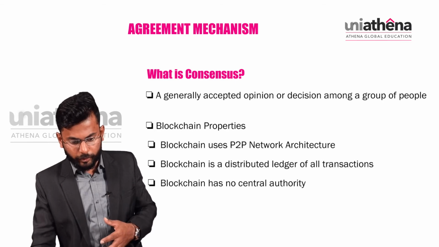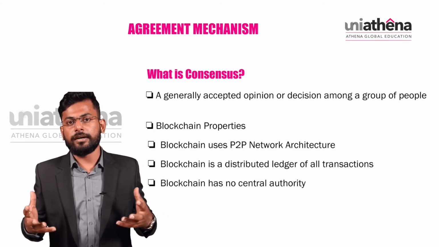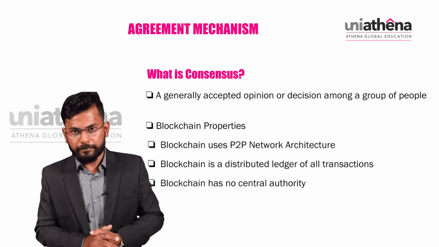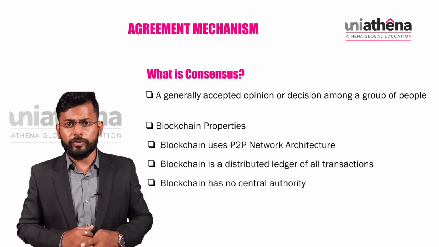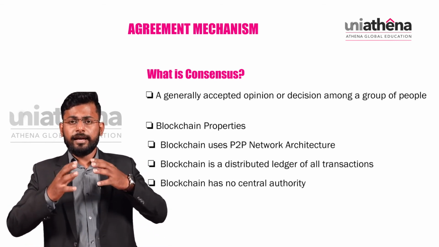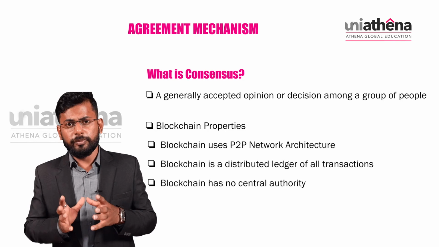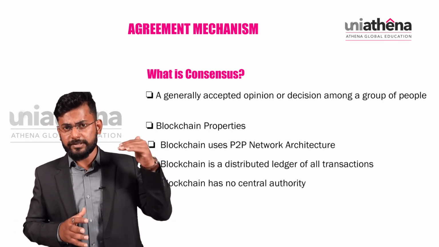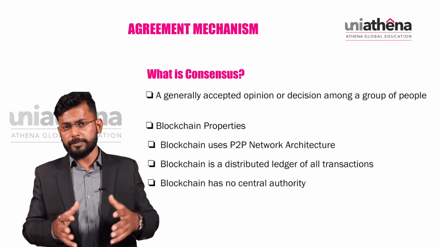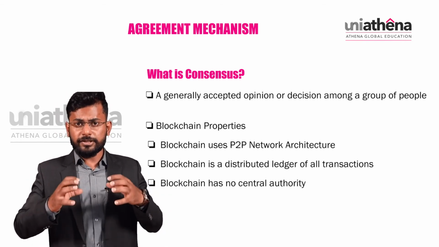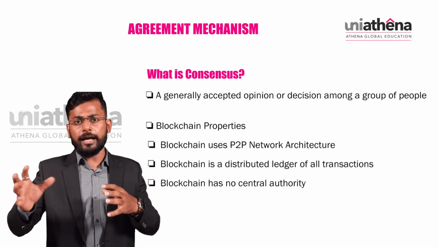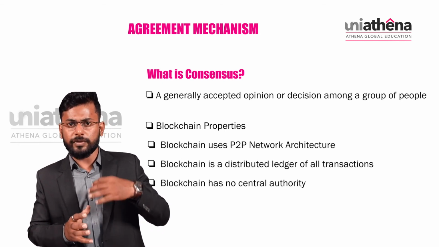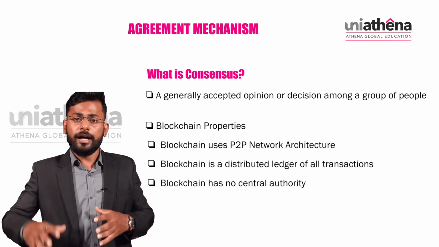Now that brings us to the question, how does it happen that the copy remains the same? That is the fourth core attribute of blockchain technology, that the network topology has to be distributed with the help of a peer-to-peer computing network. There have to be participants, and the roles and responsibilities of the participants need to be defined. The ledger keeping, the record keeping process will happen in a distributed fashion, and that's why it's called a distributed ledger.